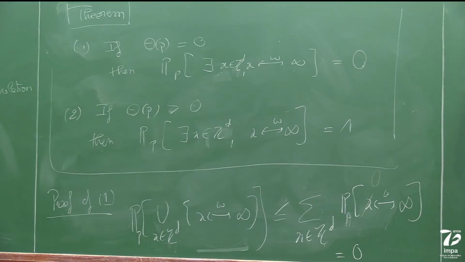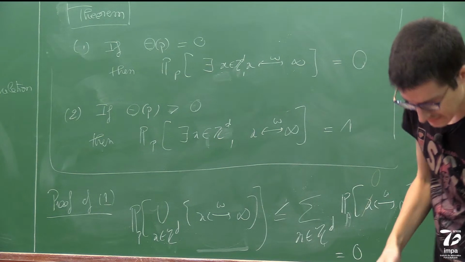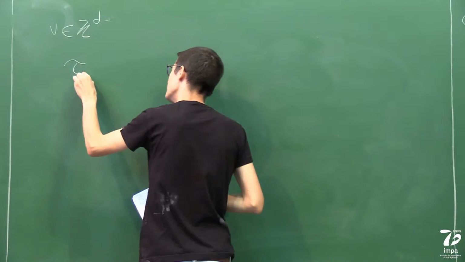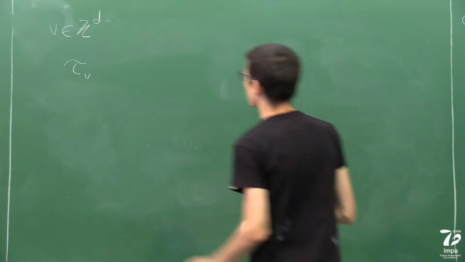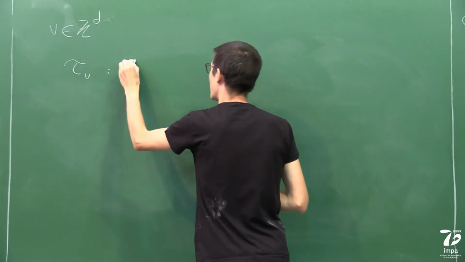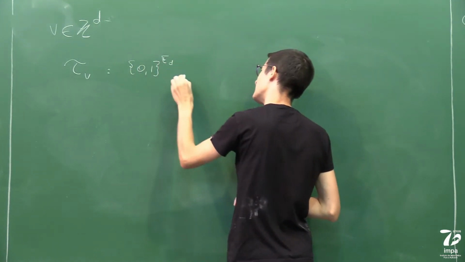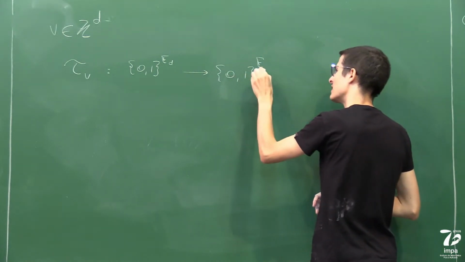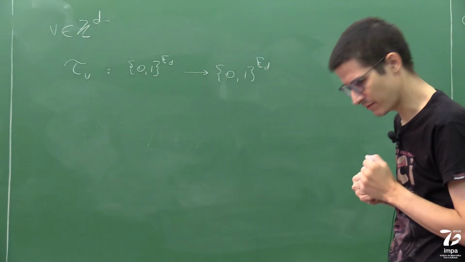Let's consider v to be a vector of ZD. And we define tau v to be a translation operator that acts on 0, 1 to the E of ZD. Basically it takes an edge configuration and transforms it into another edge configuration.